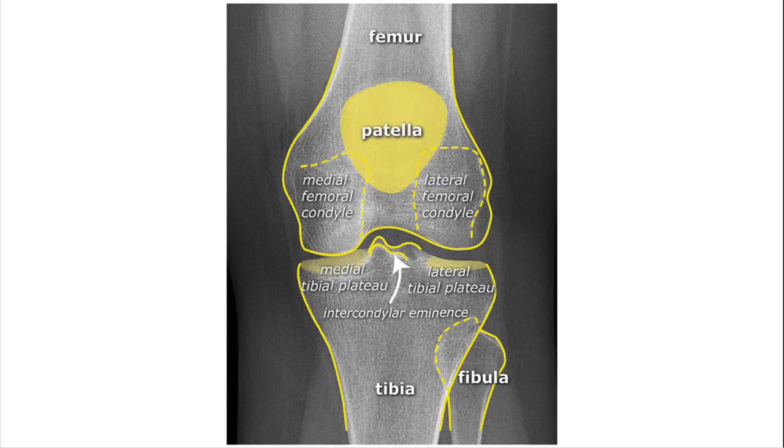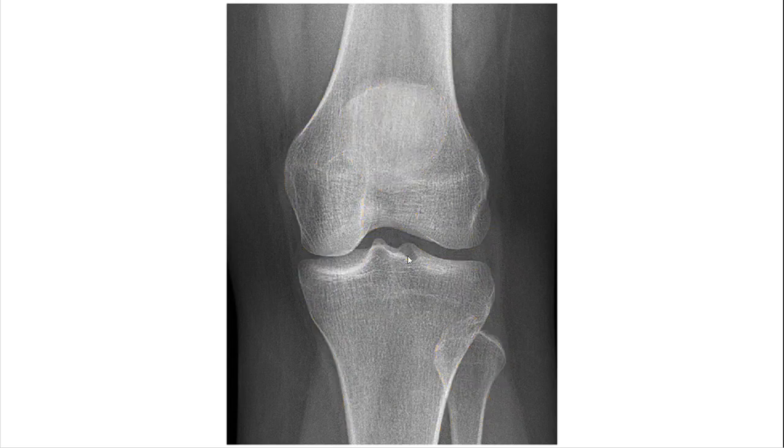Then the labeled one again, you see this is the lower part of shaft of femur, the shadow of patella, medial and lateral condyles, medial and lateral tibial plateaus, and this is the intercondylar eminence, the non-articular part of the superior surface of tibia, which provides attachment for various ligaments like anterior and posterior cruciate ligaments, and also for the anterior and posterior horns of menisci, that is medial and lateral meniscus.